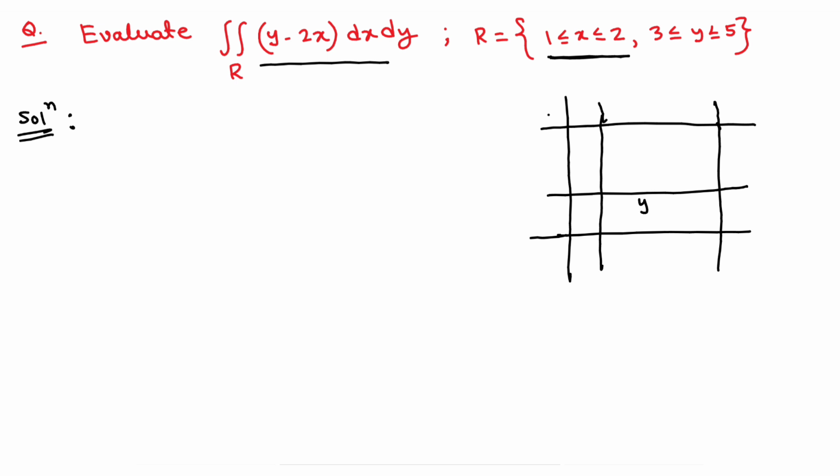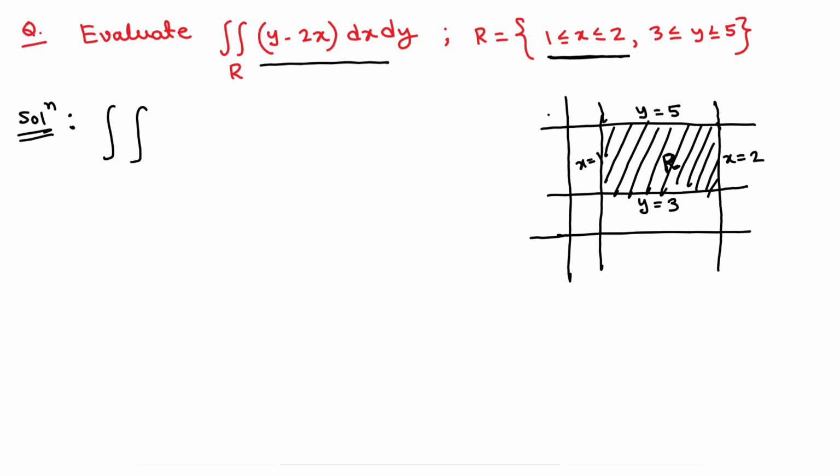So this is y equals 3, y equals 5, x equals 1, and x equals 2. This is the region, this is your R, and you have to find this integration over this region. Okay, so double integration.